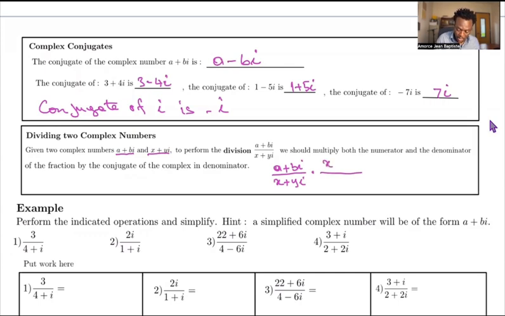So we multiply and divide by x minus yi. Since we multiply and divide by the same expression, it doesn't change the actual complex number. Let's practice.